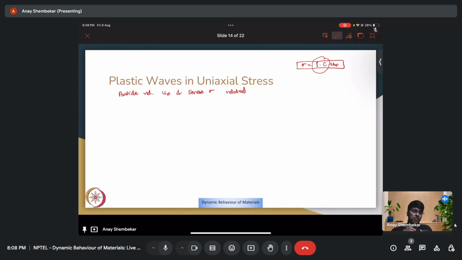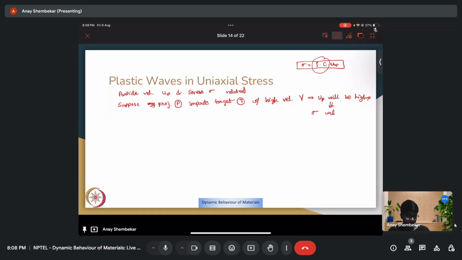What this tells us is, suppose the projectile P impacts the target with high velocity capital V, which implies UP will be higher, which also implies that stress sigma will be higher.